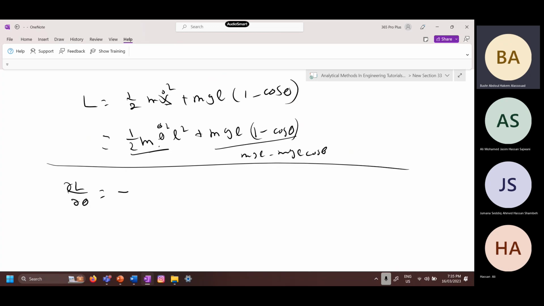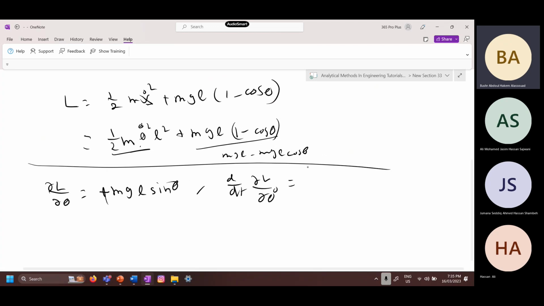you will get negative mgl. The derivation of cosine theta is negative sine theta. And there's d over dt of partial L over partial theta dot. Again, this term doesn't have any theta dot, so you're not going to use it. We're going to use this one.